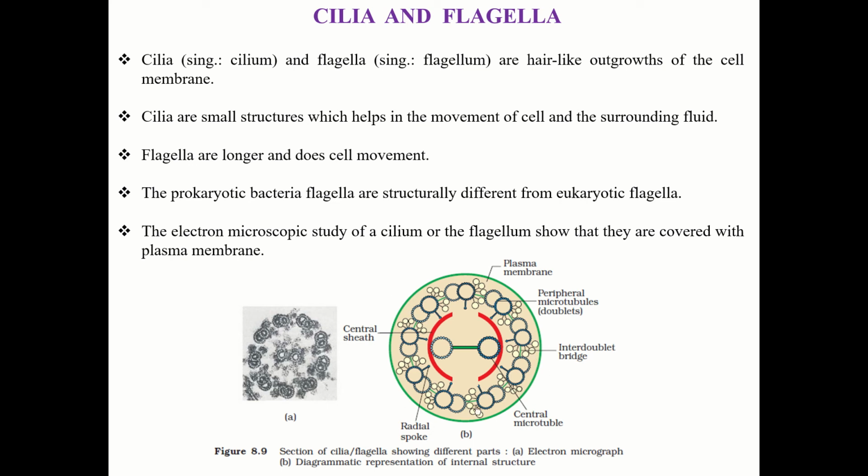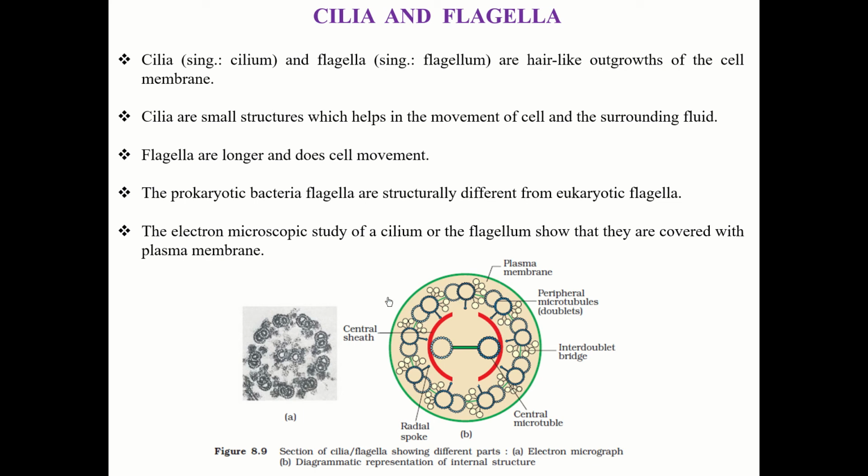Now you can see here the electron micrograph and diagrammatic representation of the internal structure of cilia and flagella, a section showing different parts. This is the electron micrograph, and this is the enlarged view of the diagram representing the same.